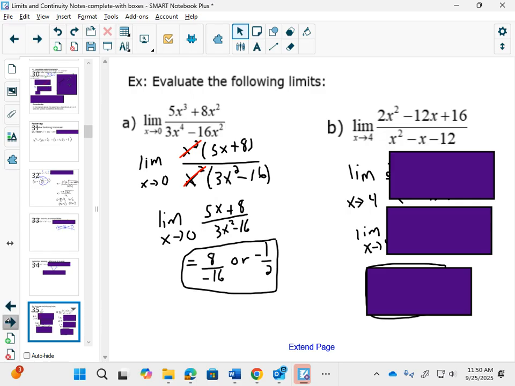Which means if you graph this, this is sometimes fun. Go to Desmos, type that in. See what the graph looks like. It will have a hole at 0, negative 1/2. This is grade 12, you could graph this. Right? Degree is bigger on the bottom.